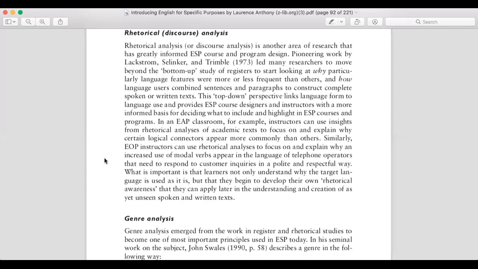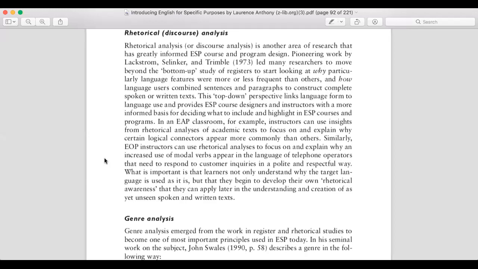And then we would be doing the genre analysis, right? So all of these analyses would take us towards designing certain objectives. Okay. So again, we are not working with people as we were in needs analysis. In all of these analyses, we are working with text.